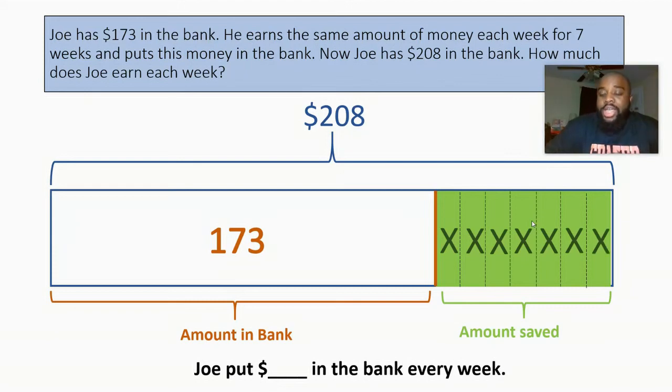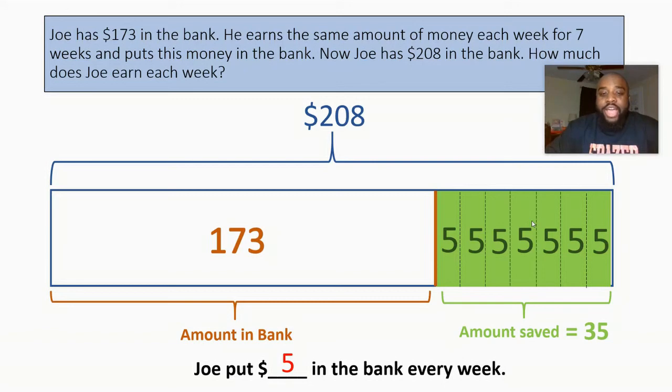If we took the $35 and divided it by 7 weeks, how much money would he save each week? Well, hopefully you know that he saved $5. Very good. So each week he was saving $5, right? So our answer statement is Joe put $5 in the bank every week.